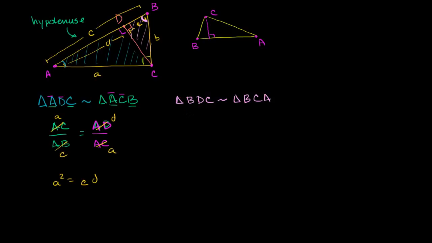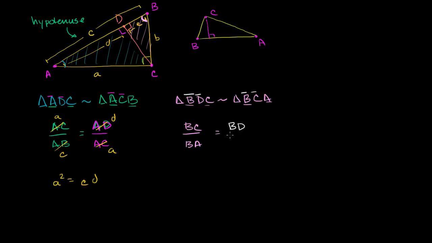So now let's set up some type of a relationship here. We can say that the ratio on the smaller triangle, side BC over BA, taking the hypotenuses of both of them. So BC over BA is going to be equal to BD, which is one of the legs, the way I drew it is the shorter leg, BD over BC.